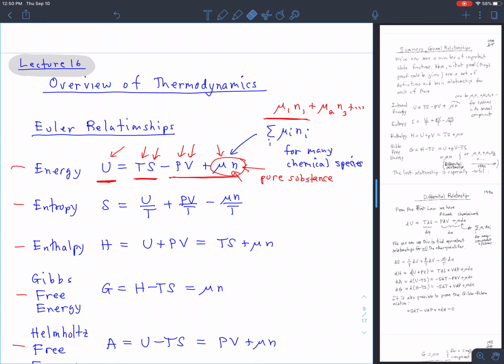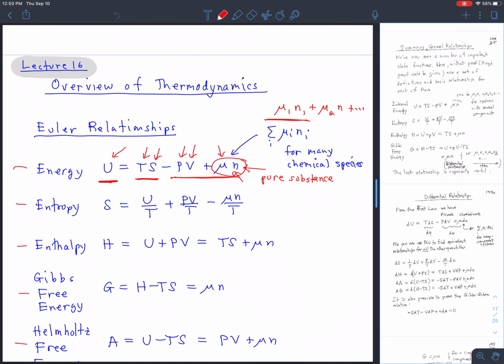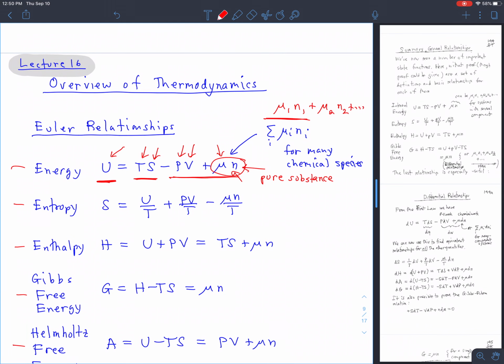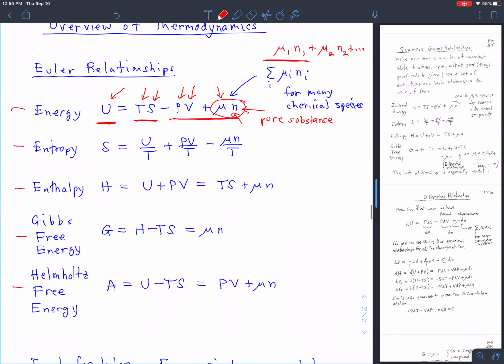So, oops, that should be a 2. So mu1 n1, mu2 n2, mu3 n3, and so on for every chemical species. And that's true for all of these relationships down here. I've just put the one term in there, but if there are many more chemical species present, then there's a sum of terms that replaces that.